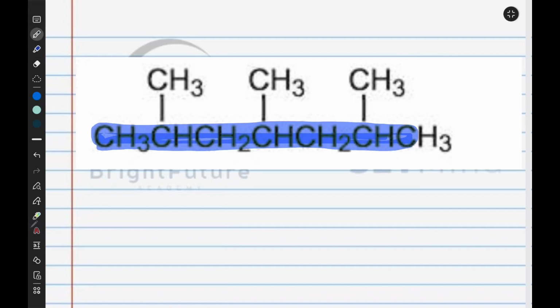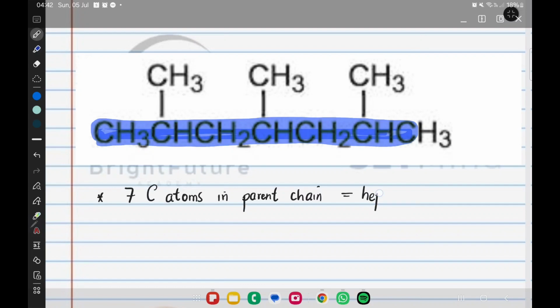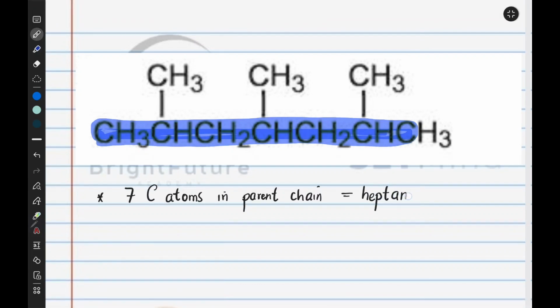We get that the parent chain has 7 C atoms. Let's call them C atoms. Heptane. This means it's a heptane parent chain.